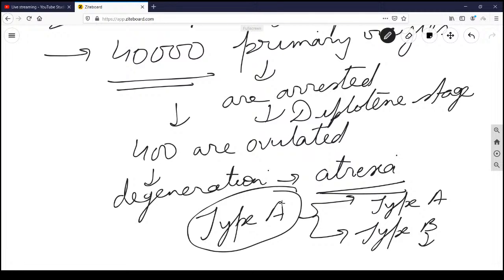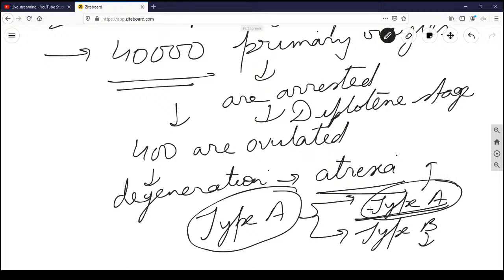So directly the oogonium will take the path of oogenesis, and this extra mitosis doesn't happen, so that the type A cells, their specific number, stay constant and are being maintained. They are not getting depleted.